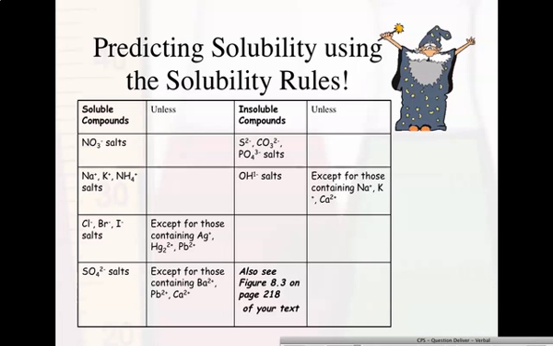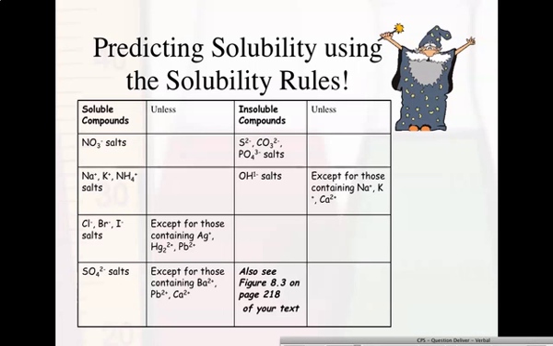So a little refresher here. Soluble, we know, means dissolves. So if we were writing a balanced reaction, would that be S, L, G, or AQ? AQ, yeah, so it's aqueous.